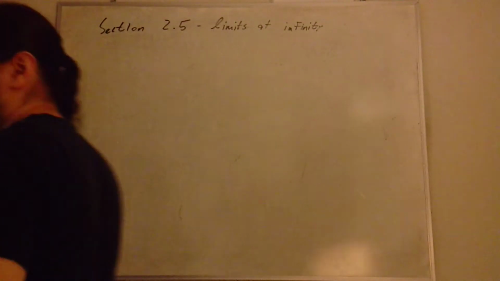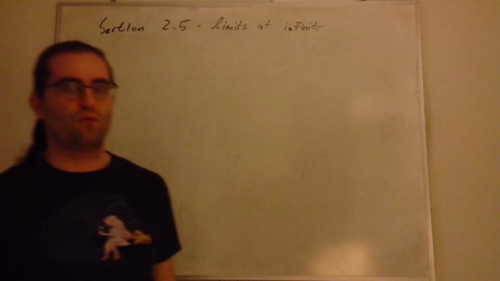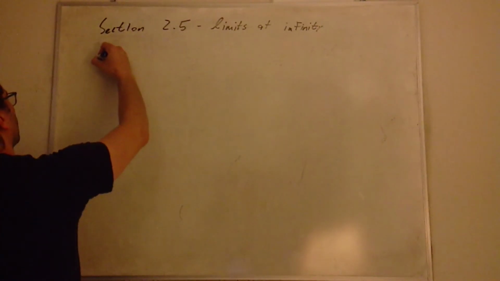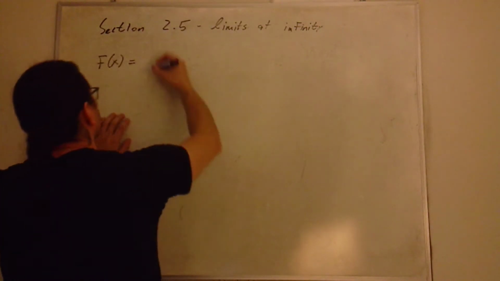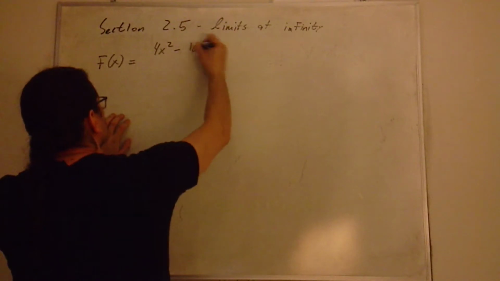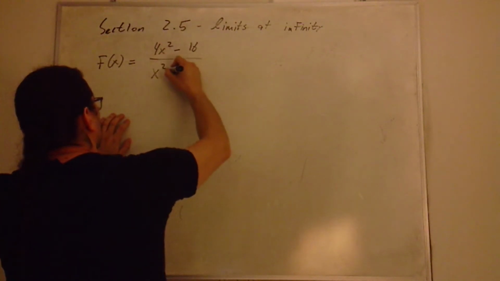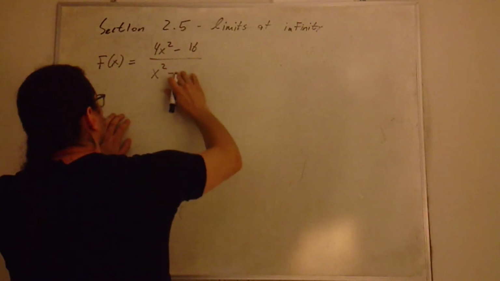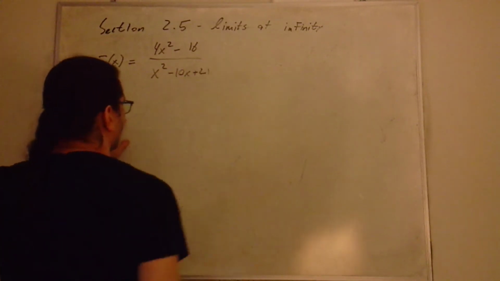And the very last thing we need to talk about is our favorite, rational functions. So if we have something like f of x equals 4x squared minus 16 over x squared minus 10x plus 21.